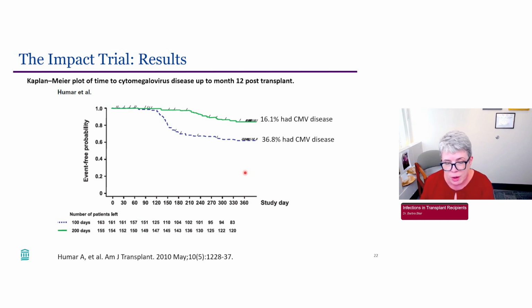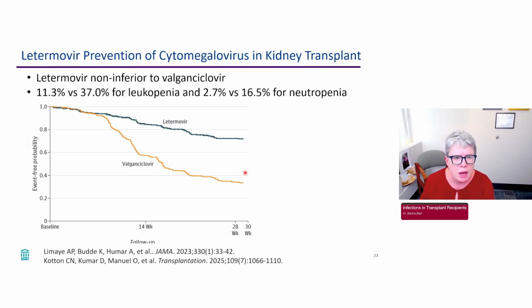As all of you probably know, CMV prophylaxis can prevent CMV while you're on the prophylaxis, but it doesn't take away the risk after you stop prophylaxis. We'll talk a little bit about what studies are being done to see if we can predict who those people will be. And then this is the data from letermovir.